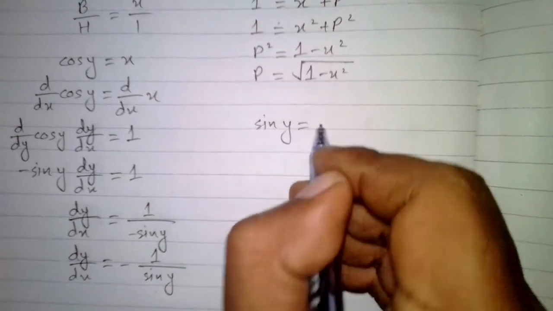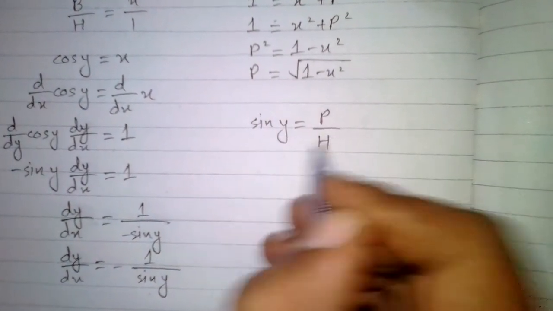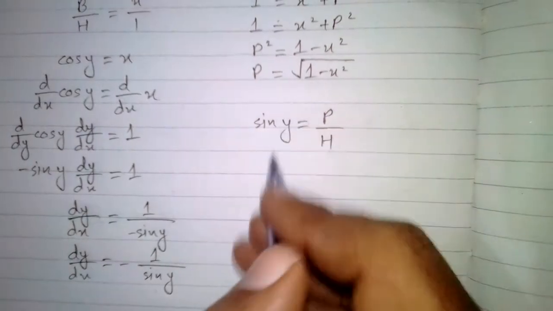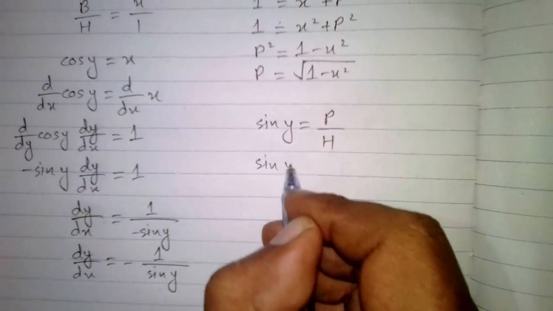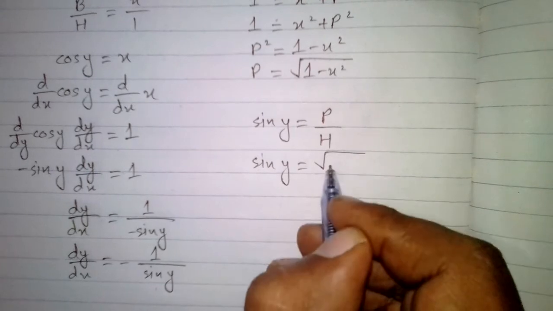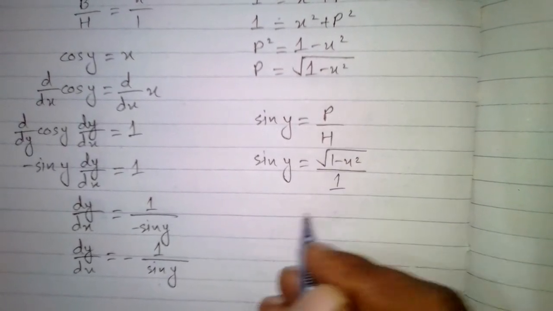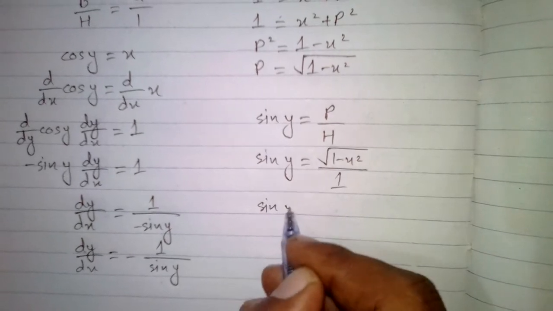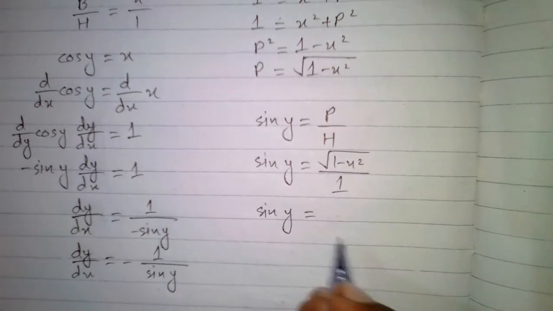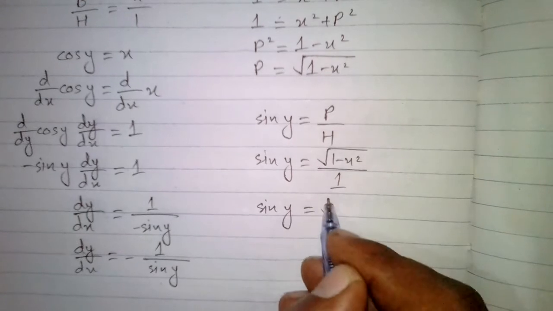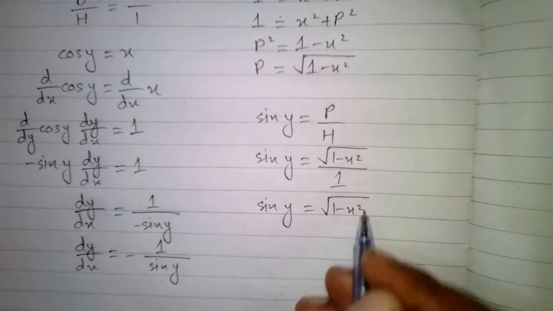So we know that sin y is equal to perpendicular upon hypotenuse, and the value of perpendicular is square root of 1 minus x square, and the value of hypotenuse is 1. So we can write sin y is equal to square root of 1 minus x square.